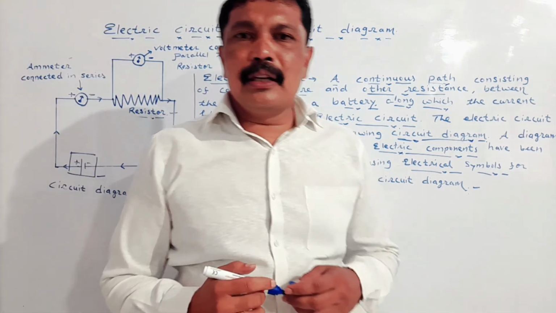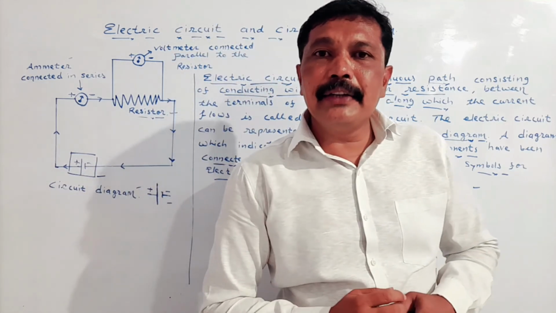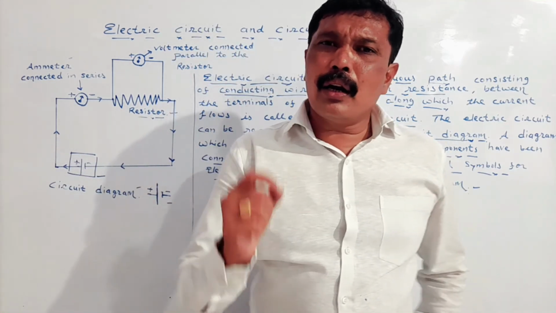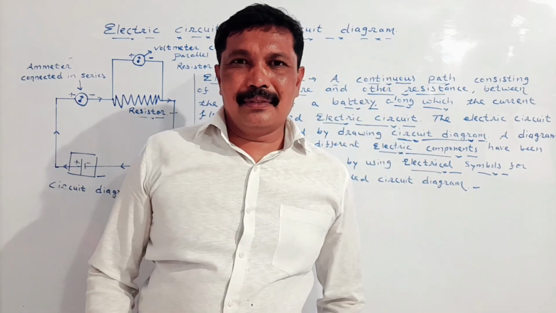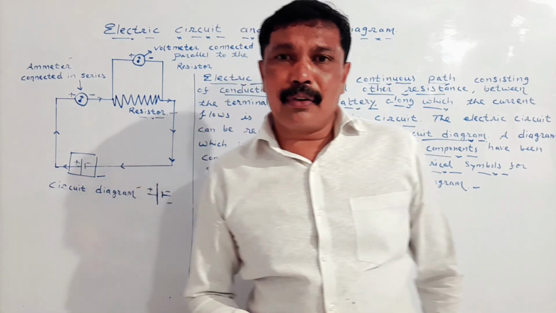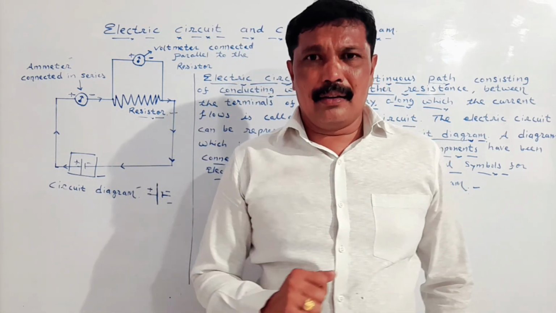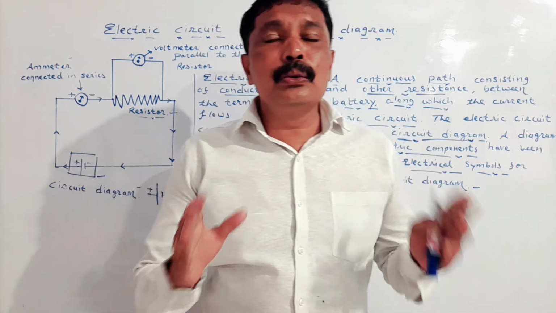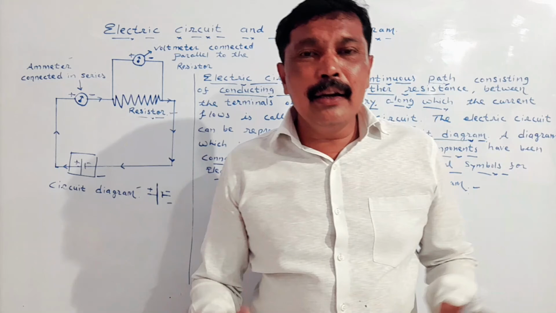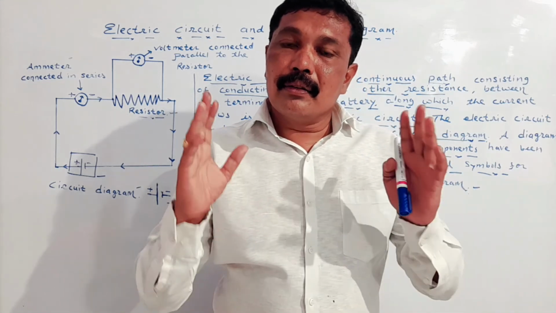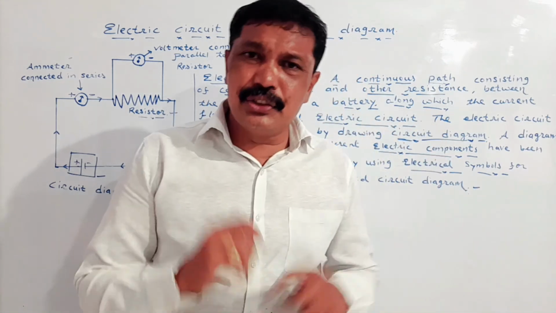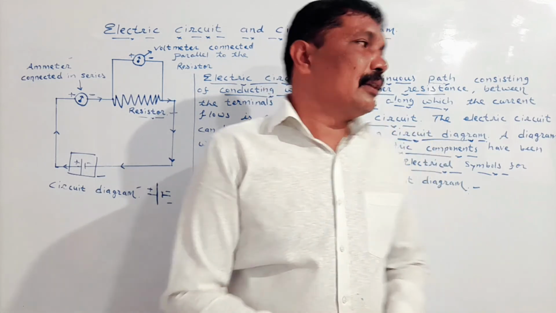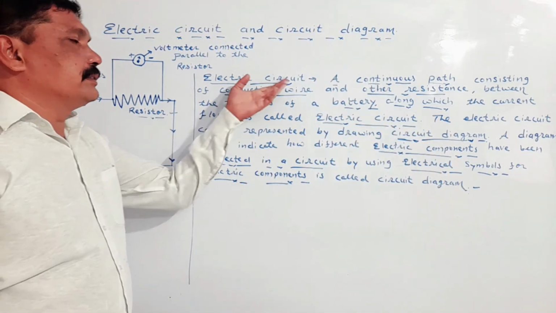My dear student, we are studying electric circuit. What is electric circuit? A continuous path consisting of conducting wire and different resistors connected to both the ends of the battery, through which the current flows is called electric circuit.